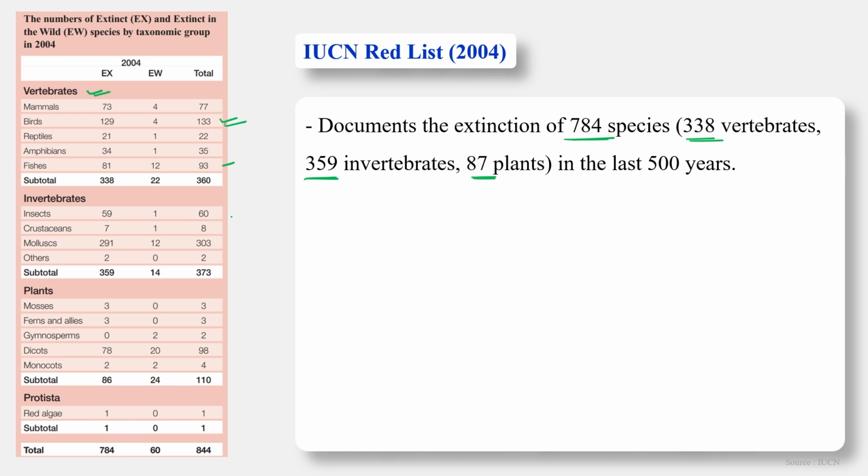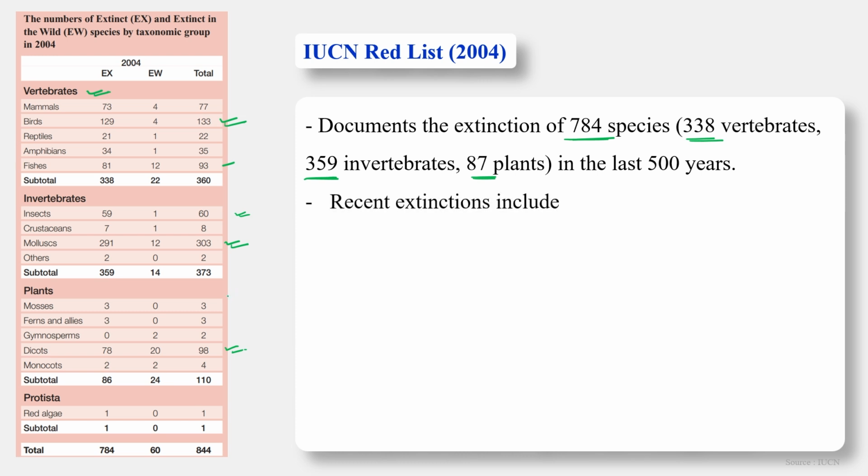Similarly, among invertebrates, the maximum number of mollusks come under the extinct category, followed by insects. In plants also, the maximum number, 98, belong to dicots. And in protists, only one red algae. So this is the documentation of the 2004 IUCN Red List data.